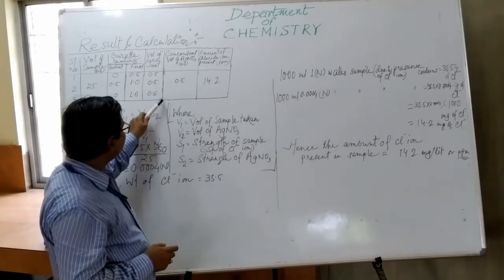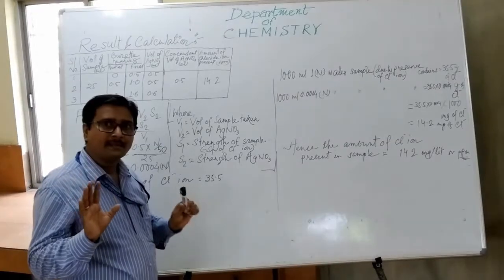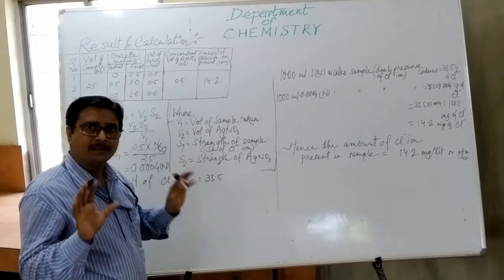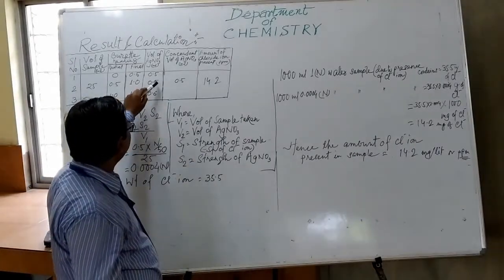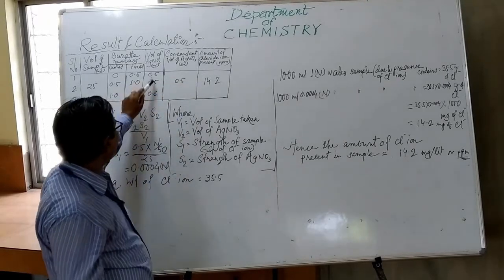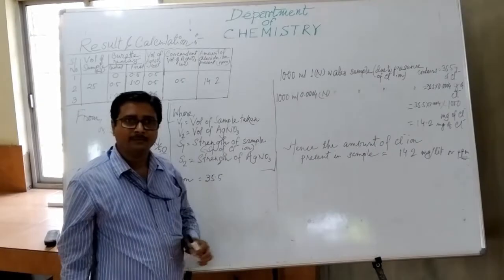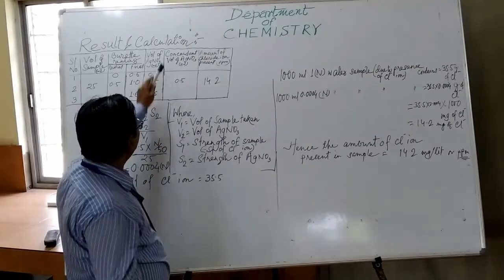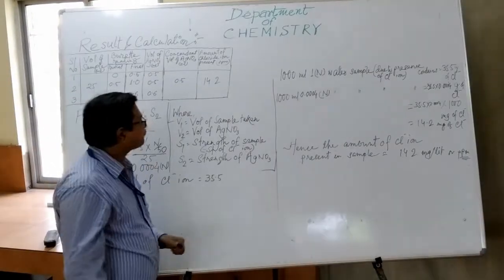So for this, minimum twice you have to take the same reading. Then it is considered a good titration. Those two consecutive readings which are coming the same, that is the concordant reading. So here 0.5 is coming twice, that's why 0.5 is the concordant reading. Now taking that concordant reading, we have to calculate further.